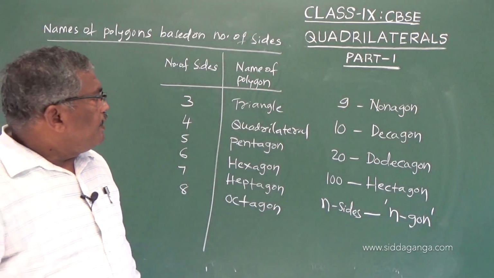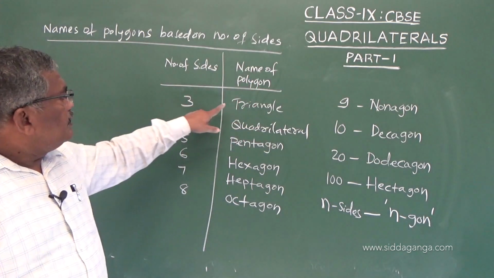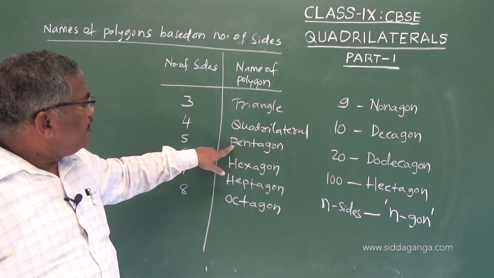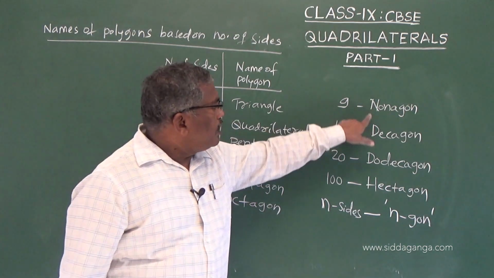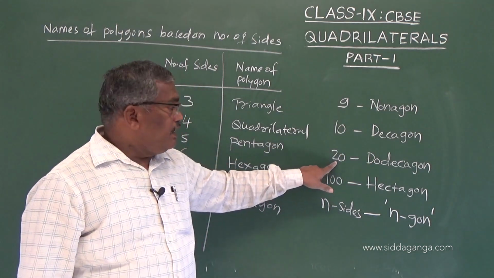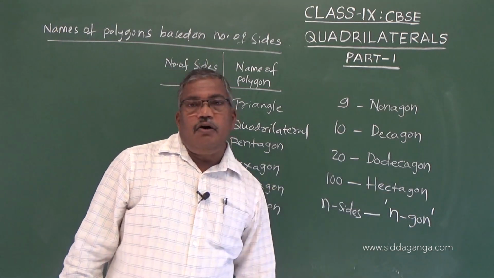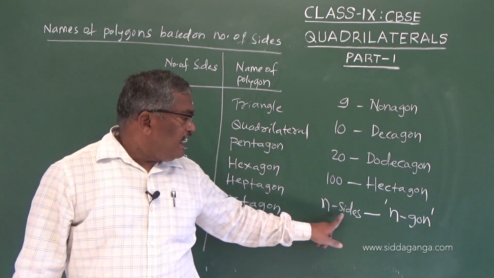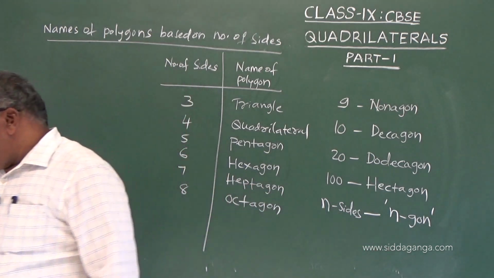This is the general way of naming. Triangle, quadrilateral, pentagon, hexagon, heptagon, octagon, nonagon, decagon, dodecagon with 20 sides, hectagon with 100 sides. And if you have n sides, we call it an n-gon.